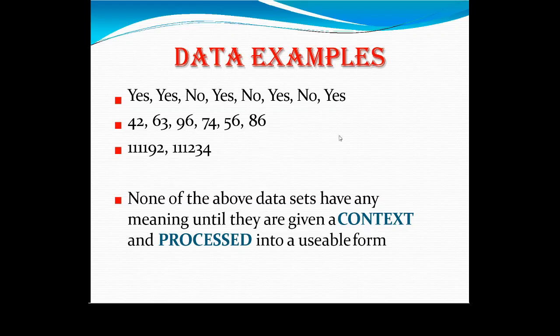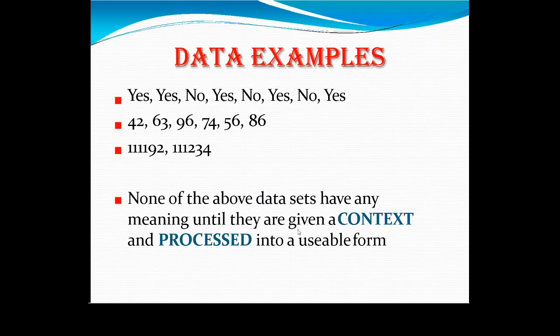These are first one yes, no, like this. Second one are some numbers written in no ascending, no descending order, only numbers. Then third examples, some numbers also: 1 1 1 1 9 2 1 1 1 2 3 4. So all these are called data. These are raw facts. These have no meaning.